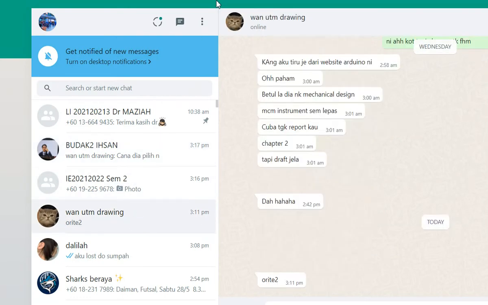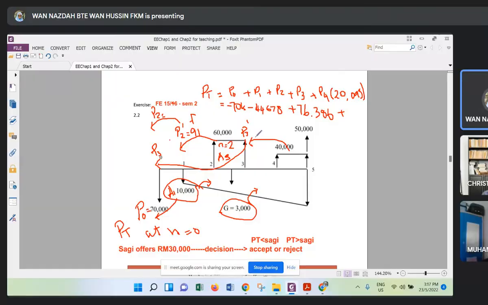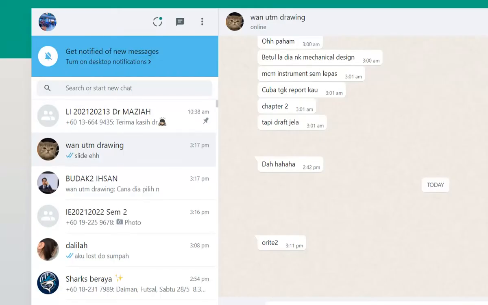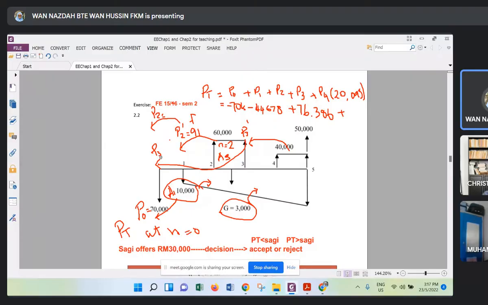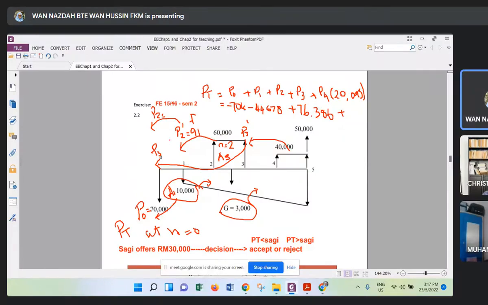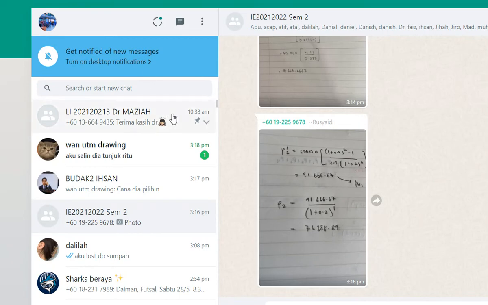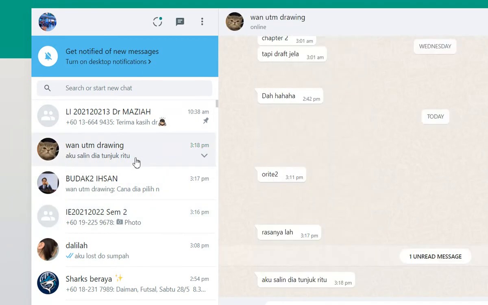Then, if you want to determine P3 at n equals to 0, you must regard this P3 prime as your F. Okay? Very good. Okay, can you determine the value for P3? Then we calculate the total value.